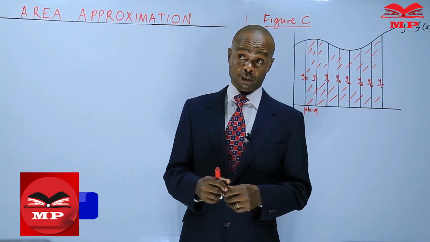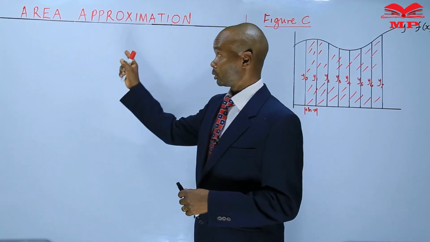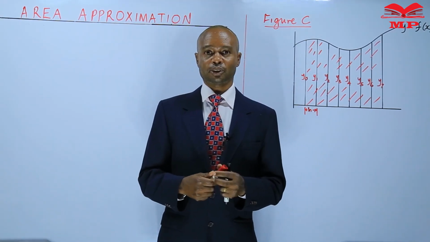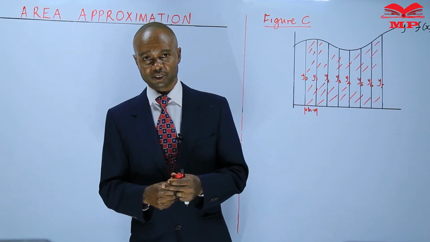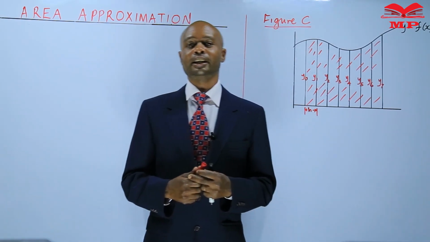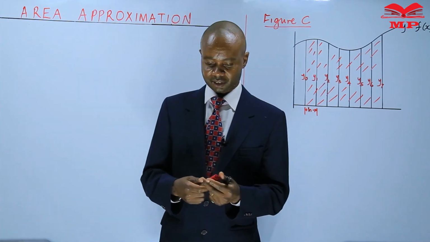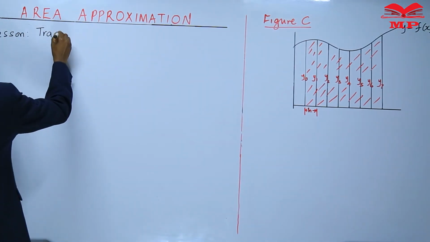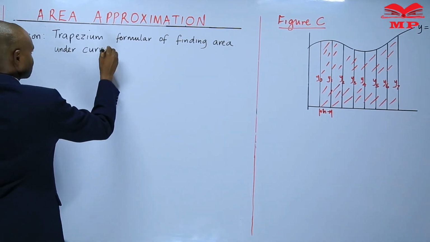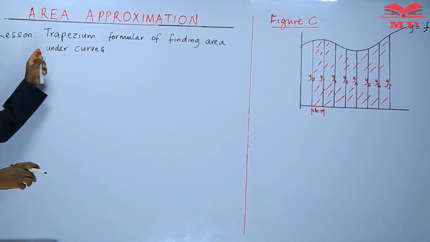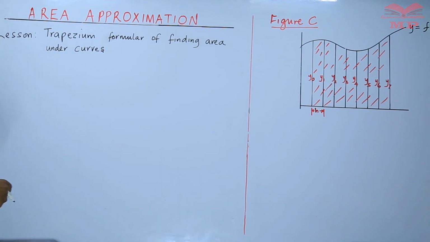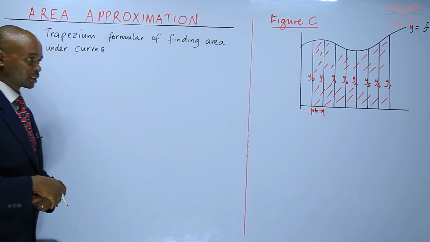We are still going to continue with our lesson on area approximation. Today we are going to look at the trapezium rule, or finding area under curves. So the lesson is the trapezium formula of finding area under curves.